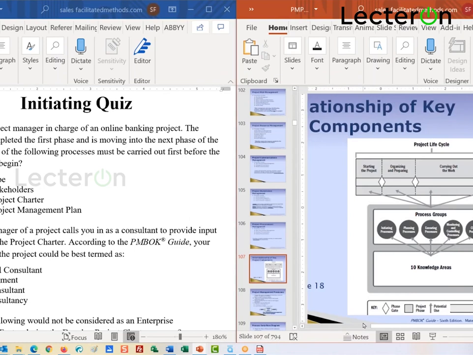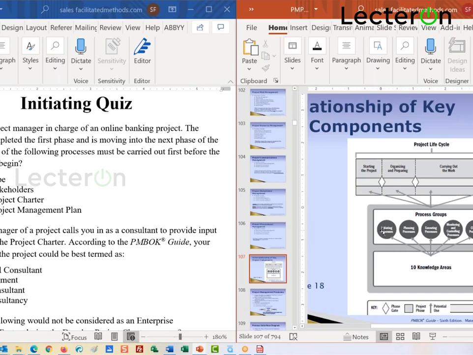Okay, let me explain. When it talks about a phase, you see this little arrow? It says all of these things would be done in this phase. All of these process groups are going to be done in the next phase.